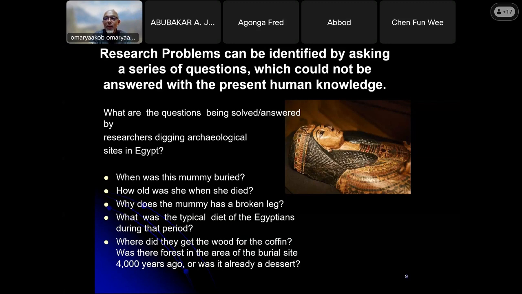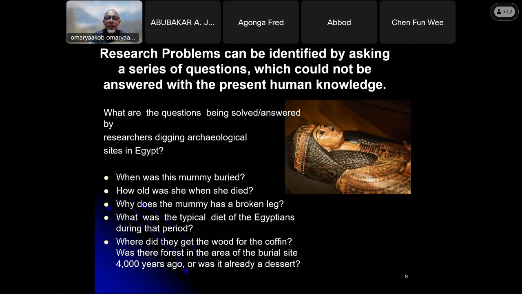Because now we have this problem of desertification of many areas of Africa as well. The forests are turning into deserts. So that's something that we can learn. Okay, that's the last point. But even without the last point, they are still doing proper research because they are uncovering new knowledge for human beings out of curiosity, just wanting to know.